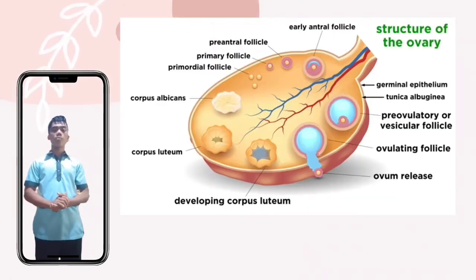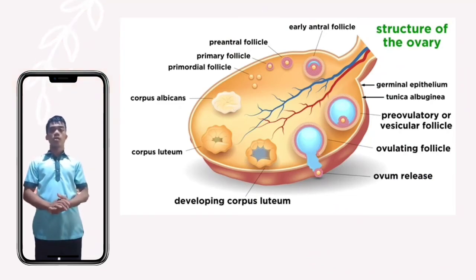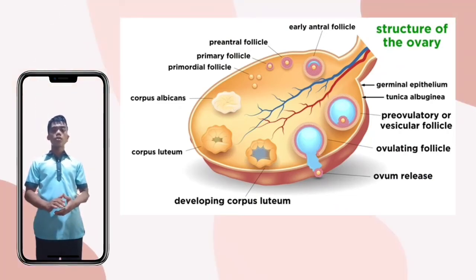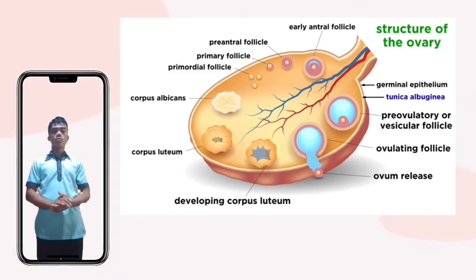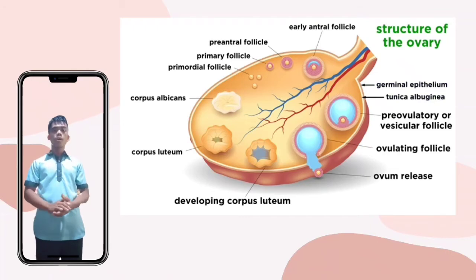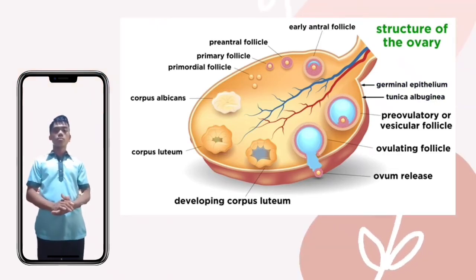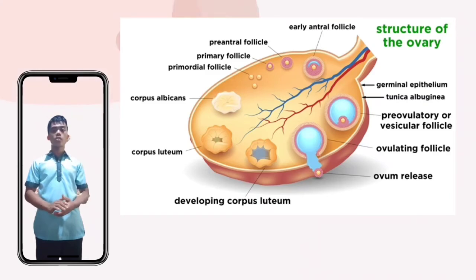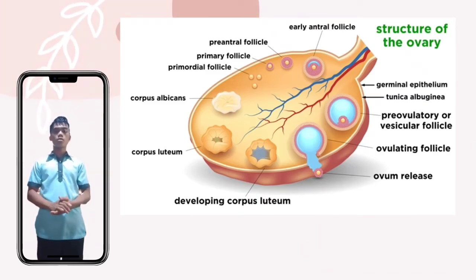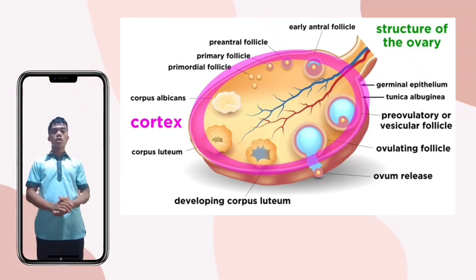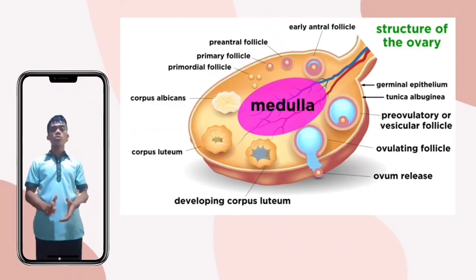The ovaries are built like testes, though they are inside the body, surrounded by fibrous tunica albuginea, followed by a germinal epithelium held in place by various ligaments and supplied by ovarian arteries. An ovary has an outer layer called the cortex and an inner layer called the medulla.